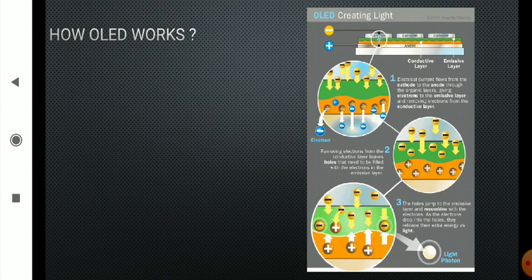So holes start forming in the conductive layer. When electrons fall from the emissive layer to the conductive layer, the energy is released in the form of light, which may be red, blue, white, green, etc., depending upon the wavelength.